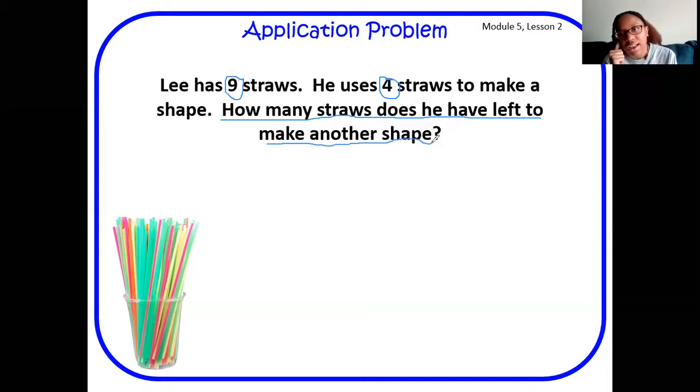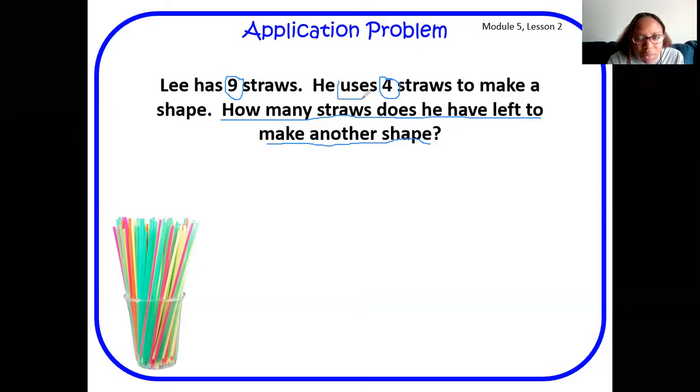So now that I have my key numbers circled and I have my question underlined, I want to box my action word. Well, I know on here it says that he uses 4 straws.